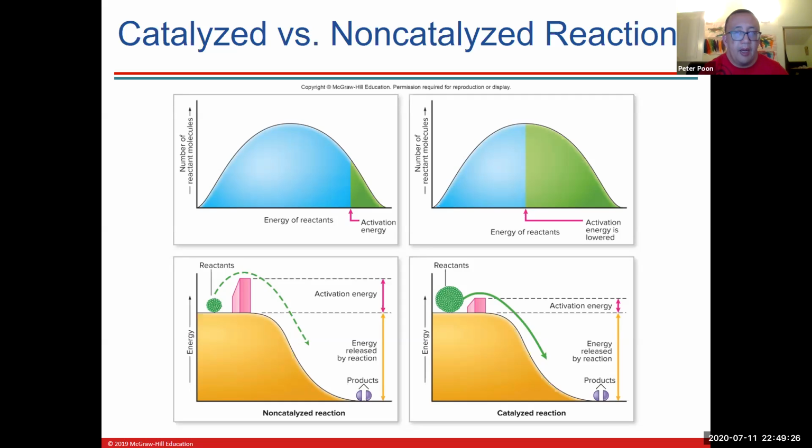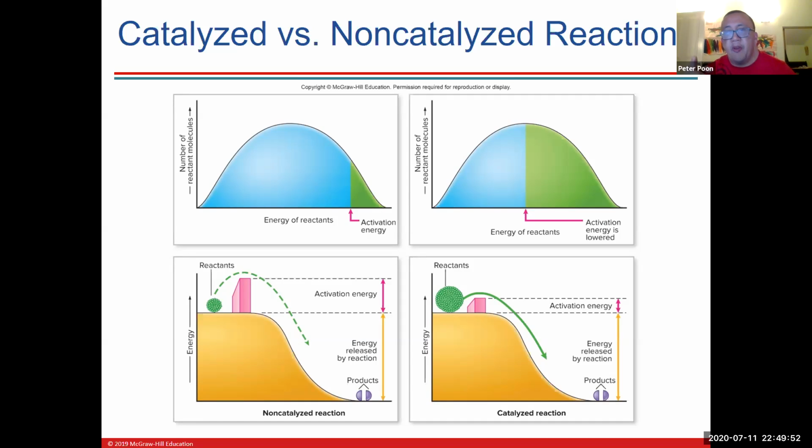Another way to think about it is you need to get over this hill. That's the way I usually think about it. You can be on the first floor of a building and you want to go down to the bottom floor, and going down to the bottom floor is easy because you can do it, but you need activation energy. So here are the two different activation energies.